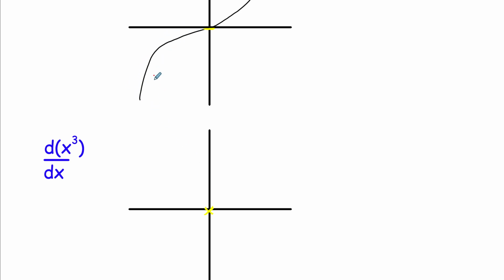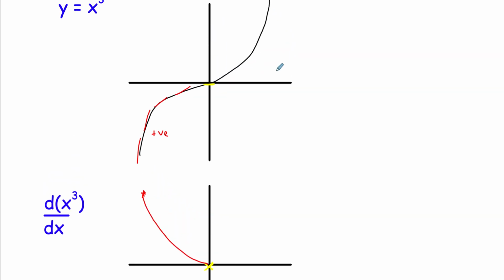This gradient is a positive value. And as we go towards the stationary point, the gradient of those tangent lines is getting smaller. So we've got a big positive gradient here, but getting smaller until we eventually get to 0. I'm just going to draw that in one curve like that.